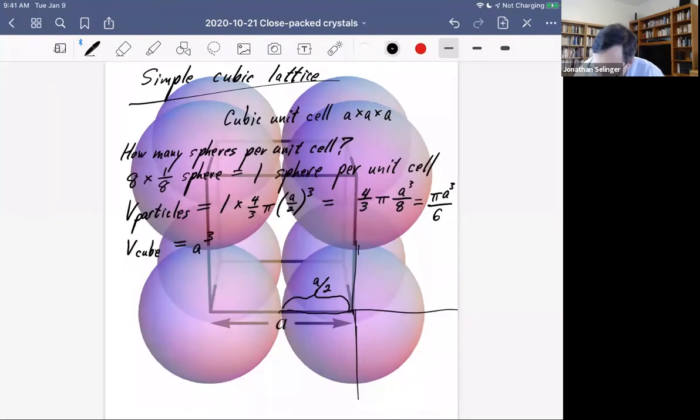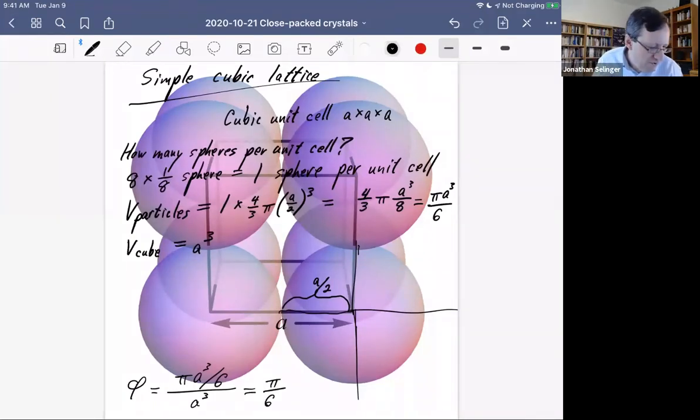Okay, so the packing fraction then is pi a cubed over 6 divided by a cubed. So it is a pure number, which is just pi over 6, which is approximately 0.524.